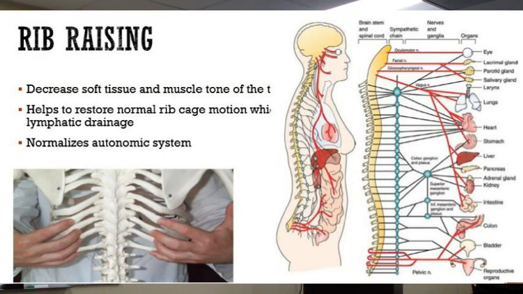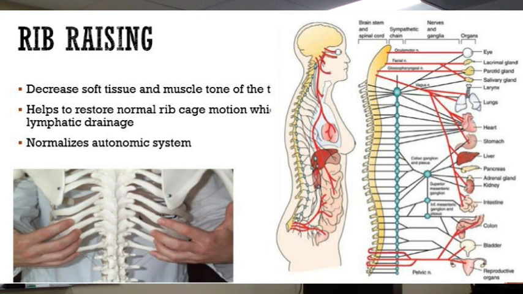The next very commonly used manipulation is rib raising. If they don't do OA, they'll do rib raising. Rib raising is basically engaging the posterior angles of the rib and applying some anterior pressure to it and holding the muscles. Now we're going to go through all of this when we do our demo section, so I'm just briefly explaining it.